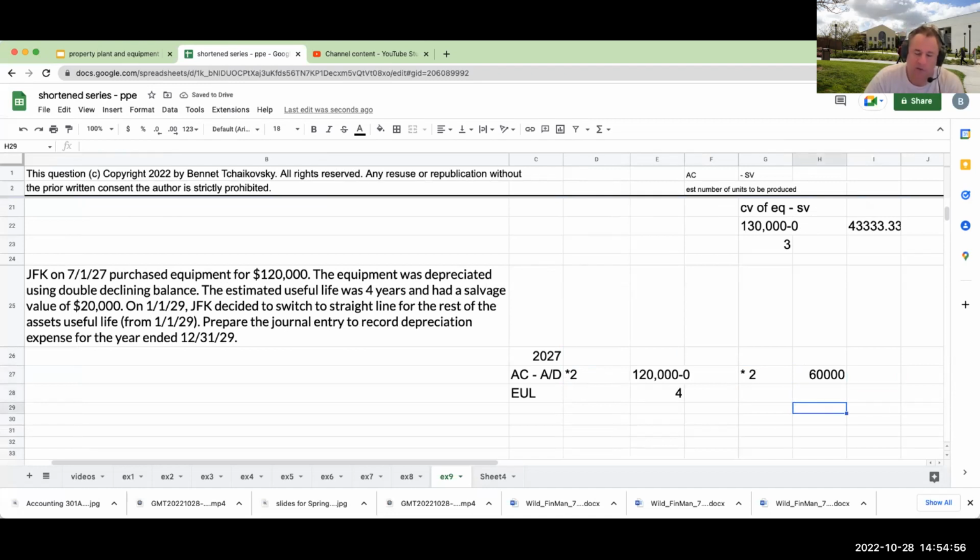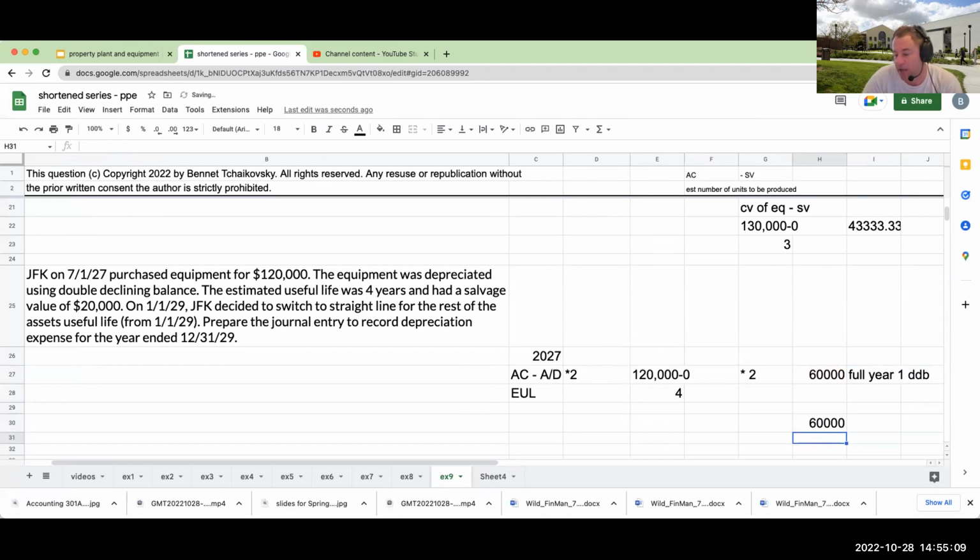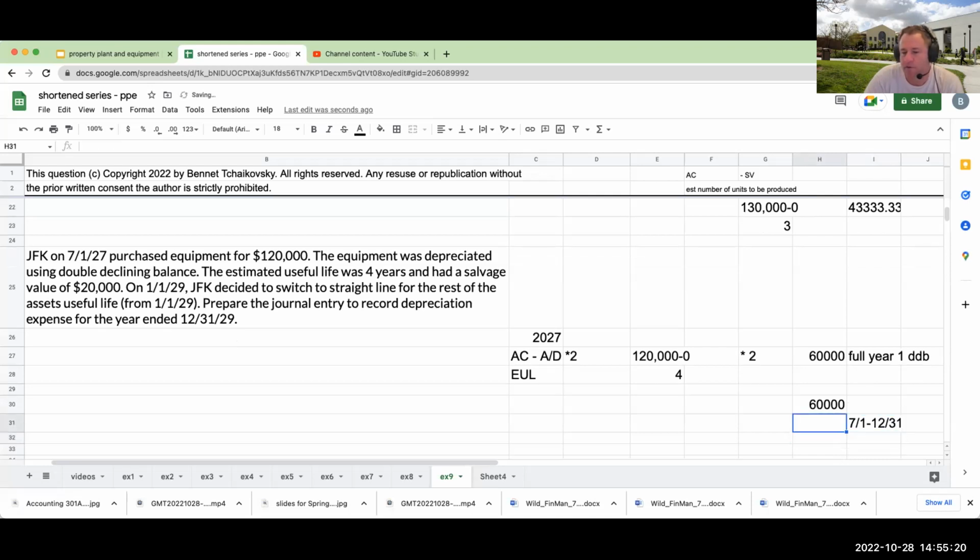However, this is for a full year 1 of double declining balance, and I bought the equipment on July 1st, 2027. So what I need to do here is take 60,000. July, August, September, October, November, December. I used it for 6 months. So from 7/1 through 12/31, this is going to be 6/12. 60,000 times 6/12 is $30,000.